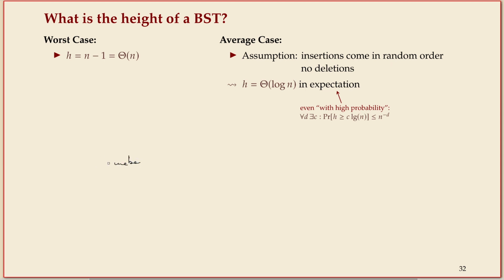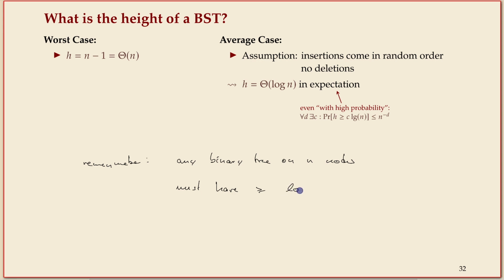Also remember, we discussed this in a bit more detail in the chapter on heaps. Any binary tree with n nodes must have at least this log, base 2.